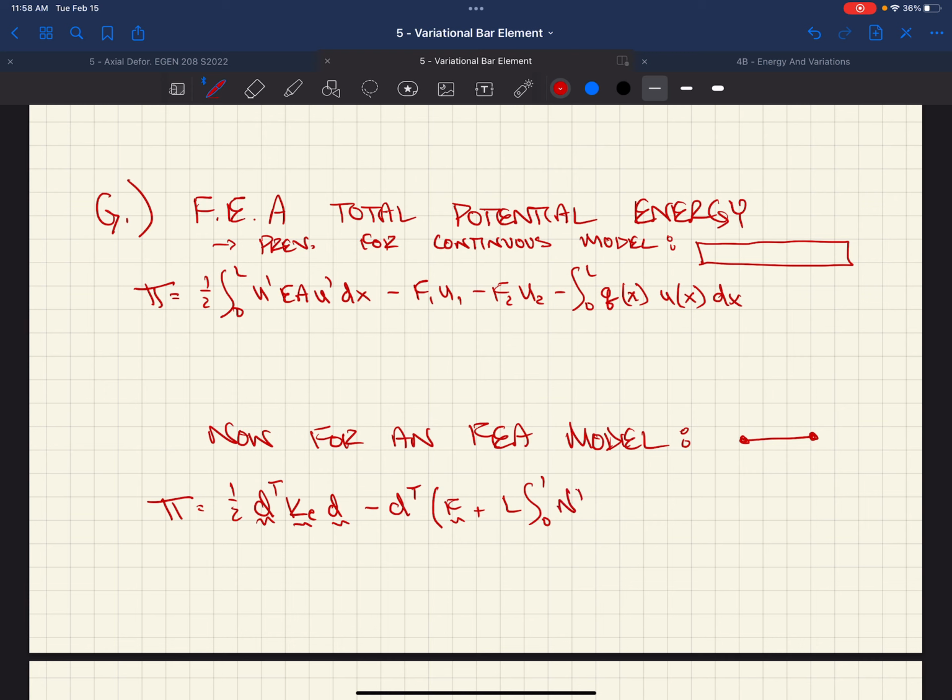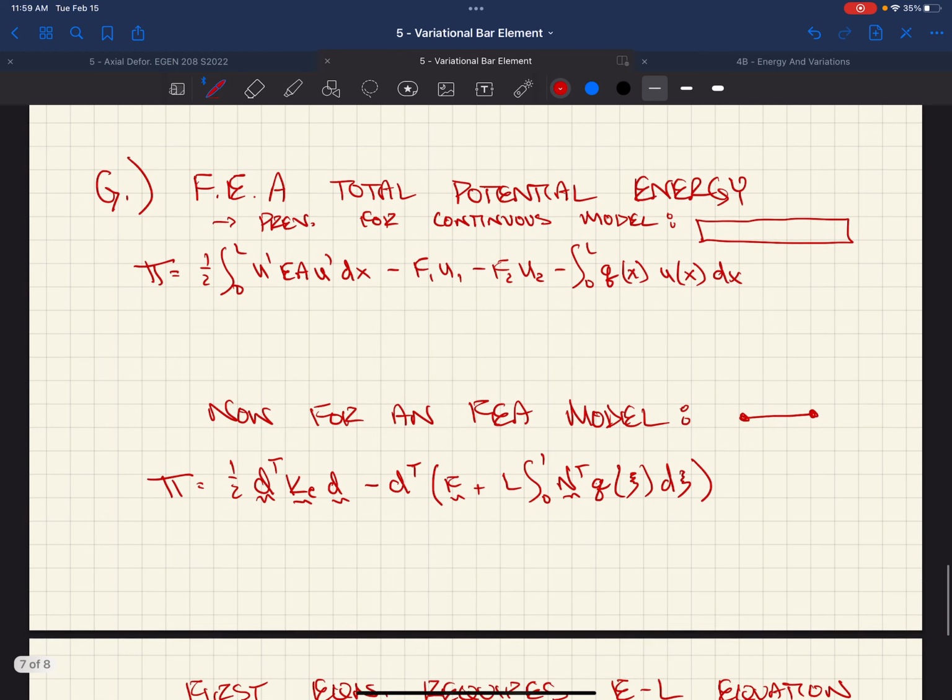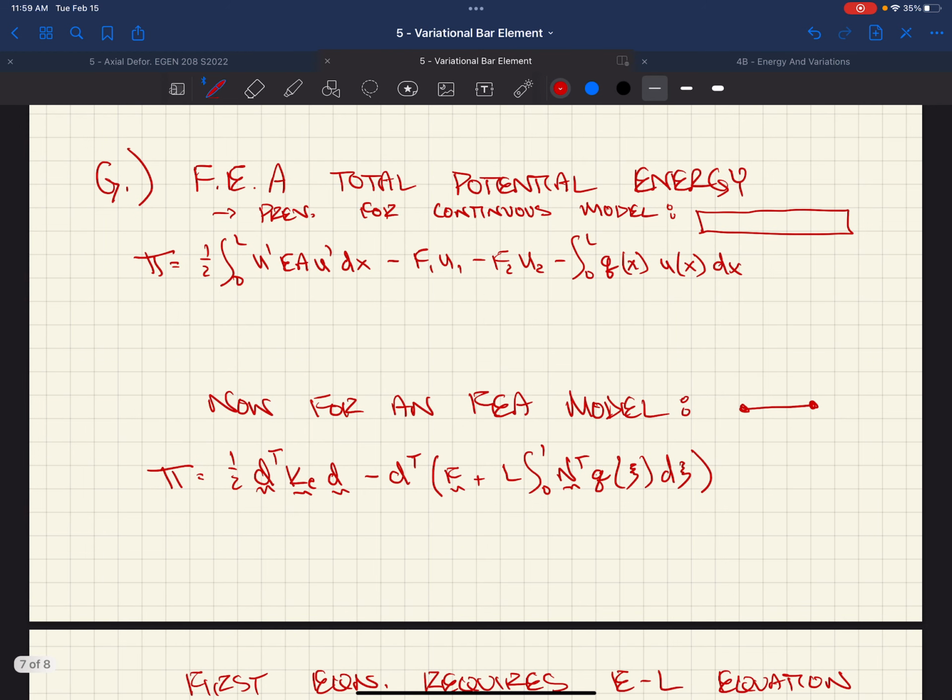We're solving over the element. And now we're going to use our natural coordinate to simplify things, over the element from 0 to 1. And we get our total potential energy of our element.